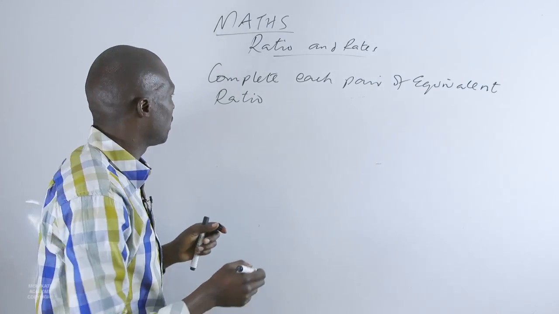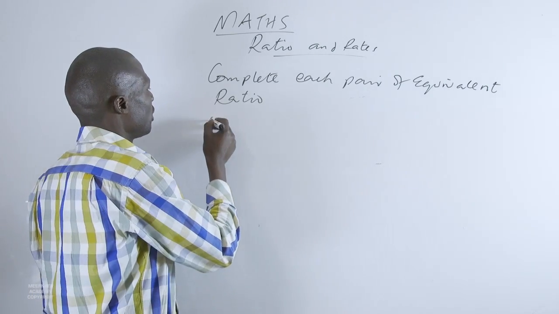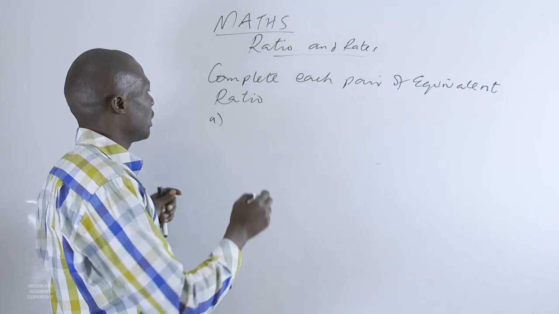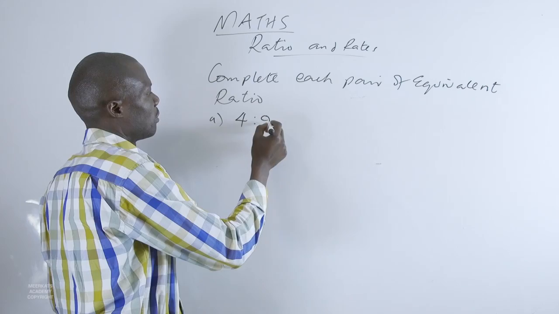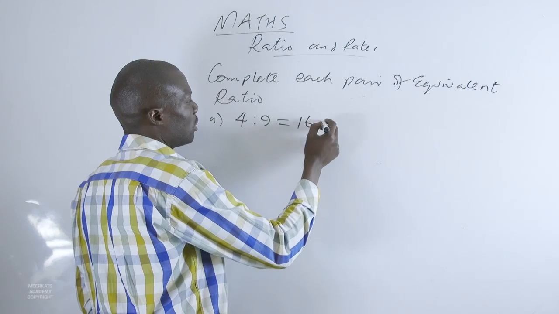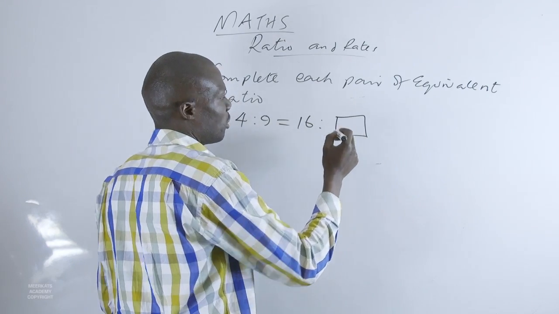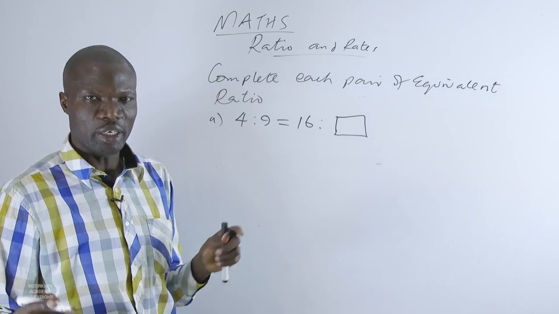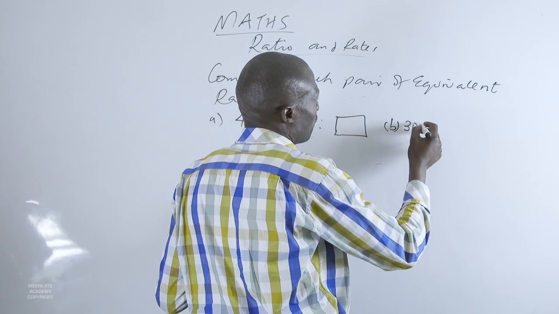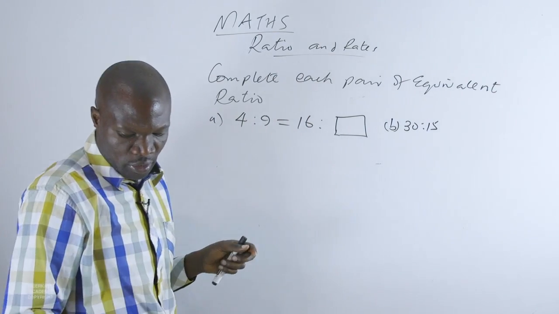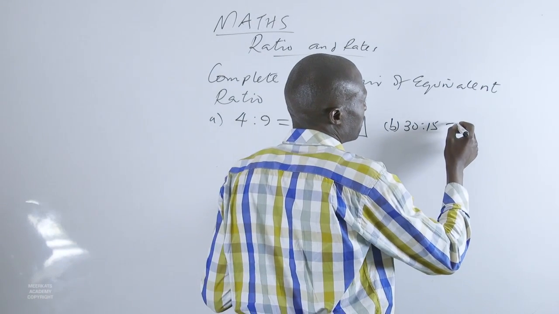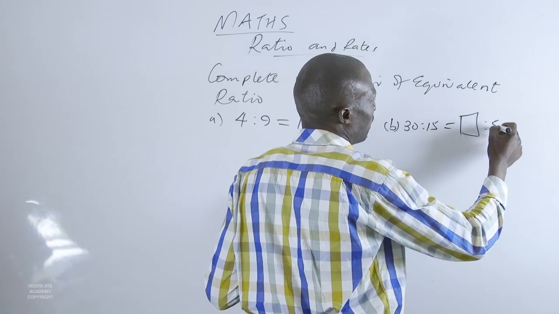So we want to complete the pair of equivalent ratio, and the ratio that we have for the first part is 4 to 9, should be equivalent to 16 to a box that we don't know what we shall fill till we calculate, and B, 30 to 15, giving us a box to 5.